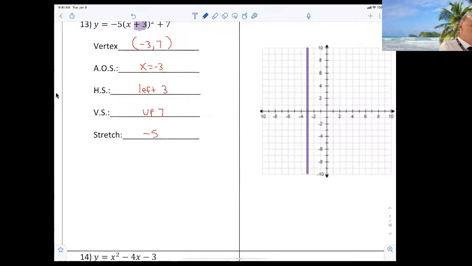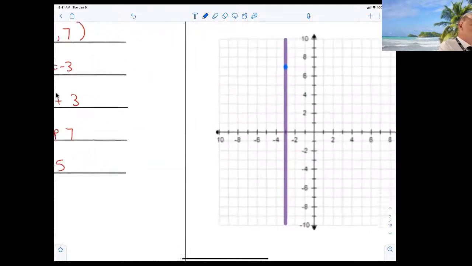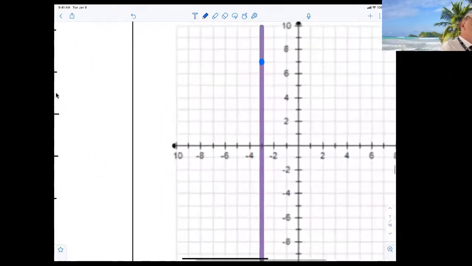Plot that point. Now, what's the vertical stretch? So what does that mean I do? Right 1, down 5. Because you're multiplying 1 times 5.